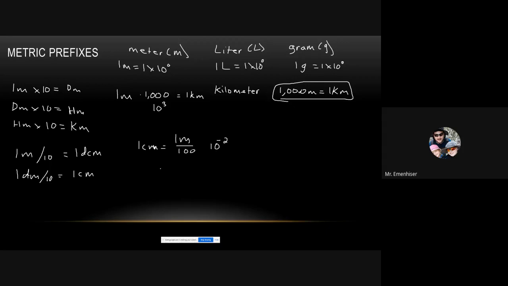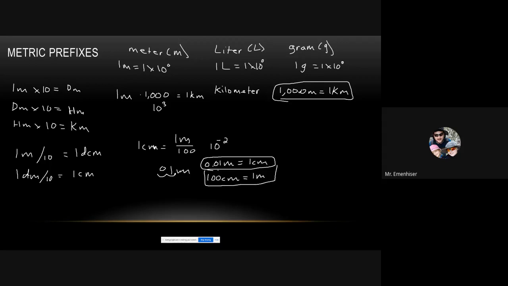Okay, so if I have 1 meter, what I can do is take that decimal, right? Remember that the decimal's to the right? If I take that decimal and move it 2 places to the left and say 0.01, then I get my centimeter. So 0.01 meters is 1 centimeter. Okay. Or 100 centimeters is 1 meter.